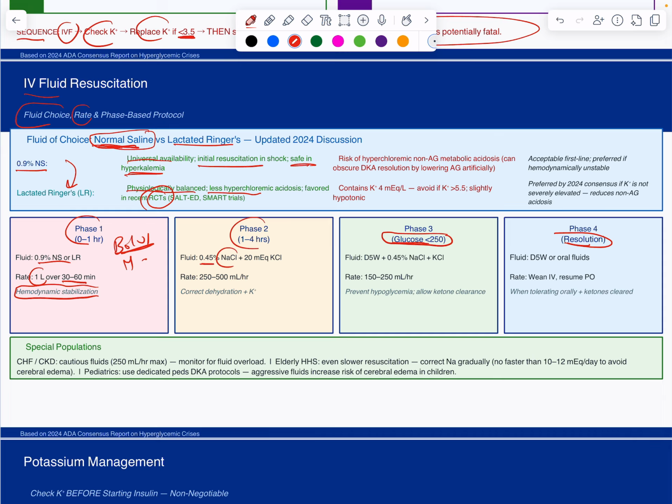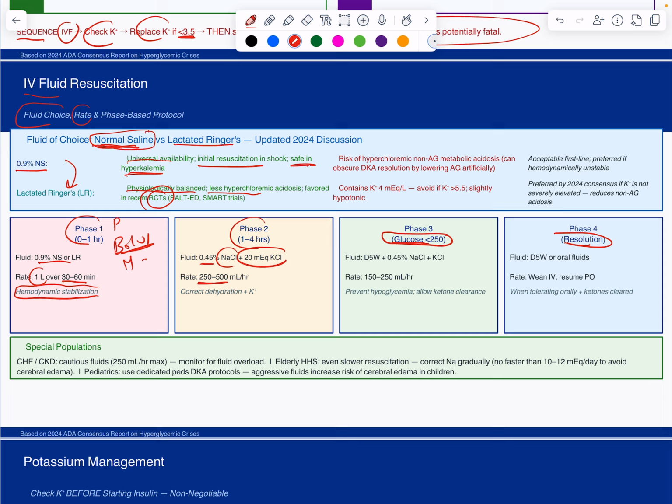Here, usually the patient starts to become hypokalemic, or if you start insulin they can become hypokalemic. If their potassium is between 3.5 and 5, you can add potassium chloride to the IV fluid. The rate here will be 250 to 500 cc per hour.